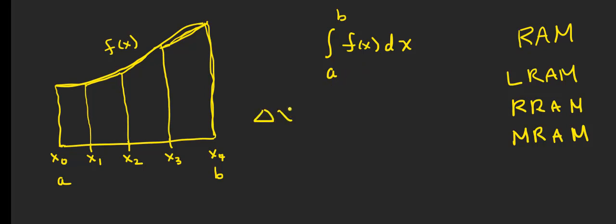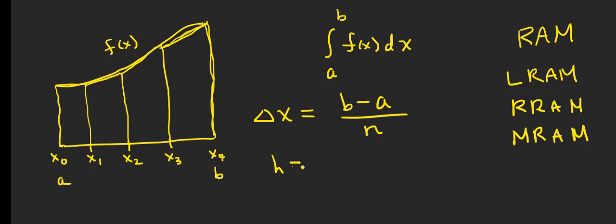Remember, delta x was b minus a over n, where n represented the number of rectangles. Now, n represents the number of trapezoids that we're going to use. And here, delta x represents h, the height of the trapezoid.